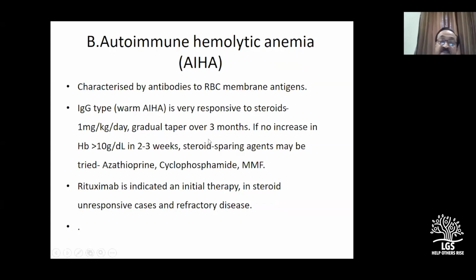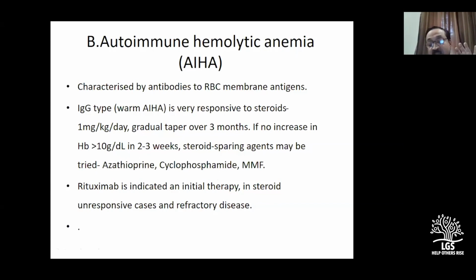Still not responding, you have to have an answer, azathioprine or cyclophosphamide. Still not, you want to get more marks, rituximab is indicated as initial therapy in steroid unresponsive and refractory cases. So if your case is autoimmune hemolytic anemia, your patient is not responding to steroids, you have tried these drugs, tried this also, not responding, then in the examination, your answer should be splenectomy.